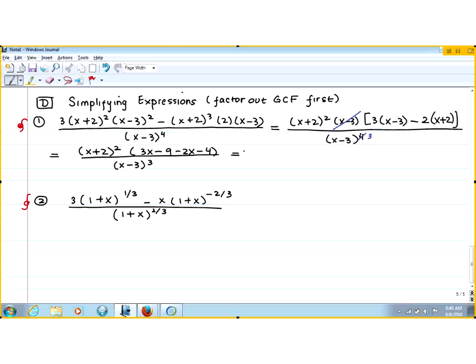So how do we continue here? Combine like terms. So 3x minus 2x is x, minus 13, divided by (x minus 3) cubed.